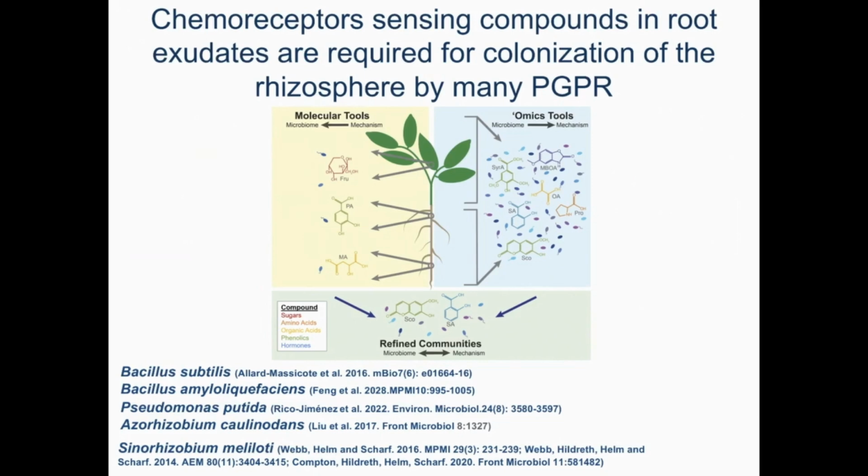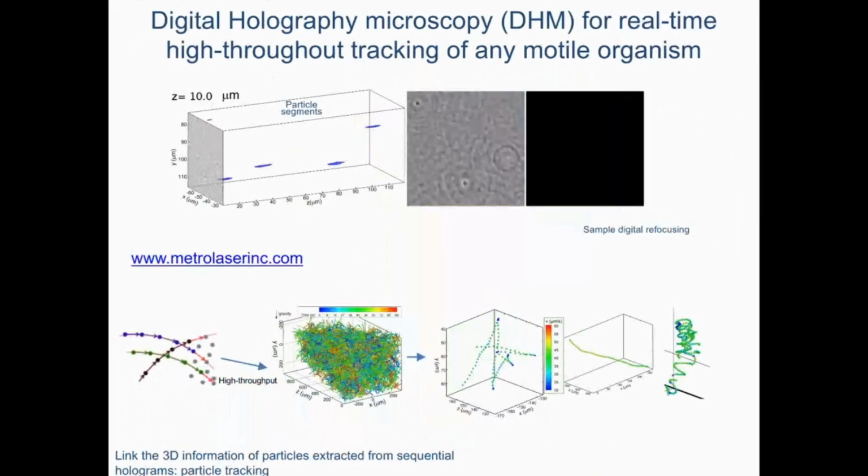However, my lab was interested in developing a system that could allow us to detect chemotaxis of any soil bacteria without having to genetically manipulate them. So to do this, we partnered with Metro Laser to test and develop a digital holography microscopy method to track in real time and in a high throughput format any motile organisms. And so digital holography microscopy basically uses diffraction patterns of particles in a volume to detect these particles within that volume.